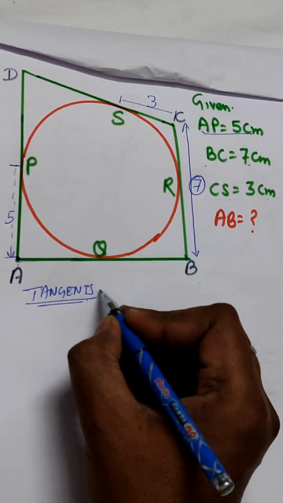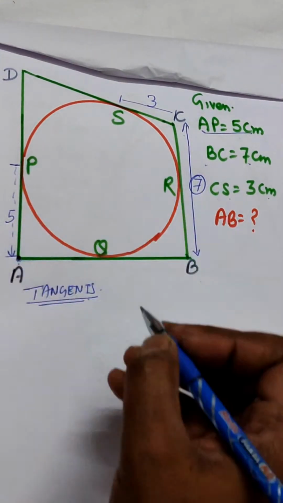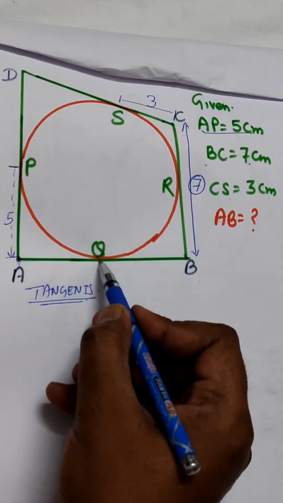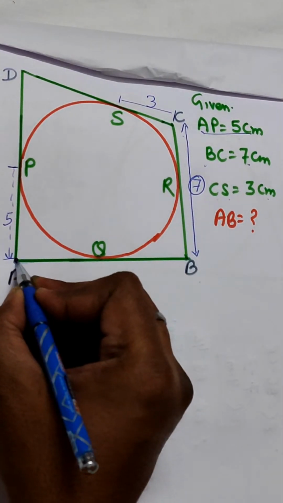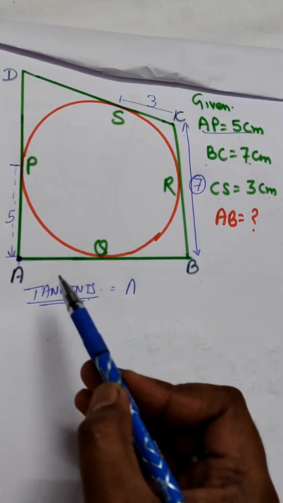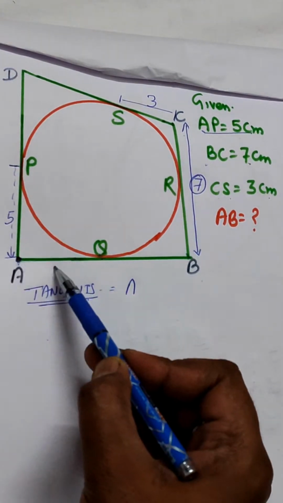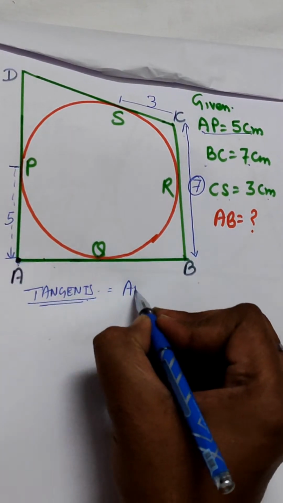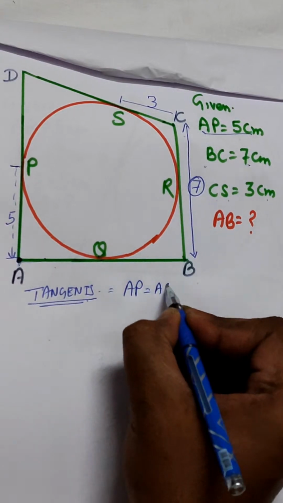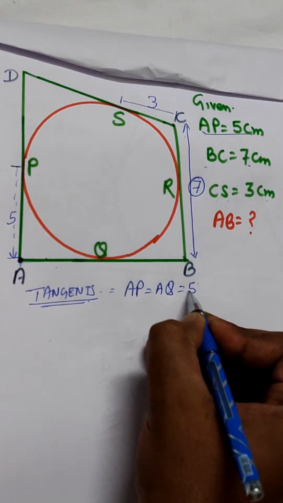If AP is the tangent, then AQ is also the tangent. The external point here is A. From here two tangents are drawn, and those lengths should be equal. So the length of AP should be equal to the length of AQ, which is 5 centimeter.